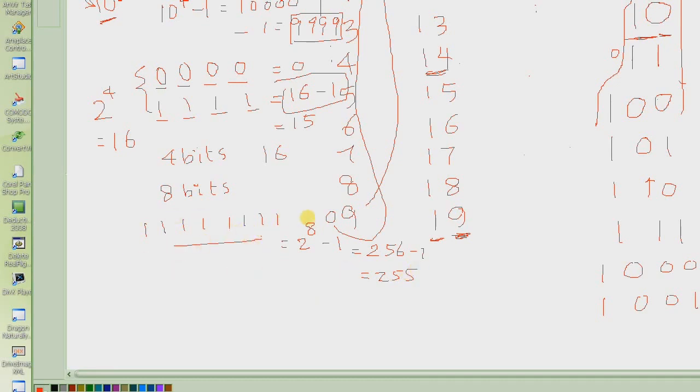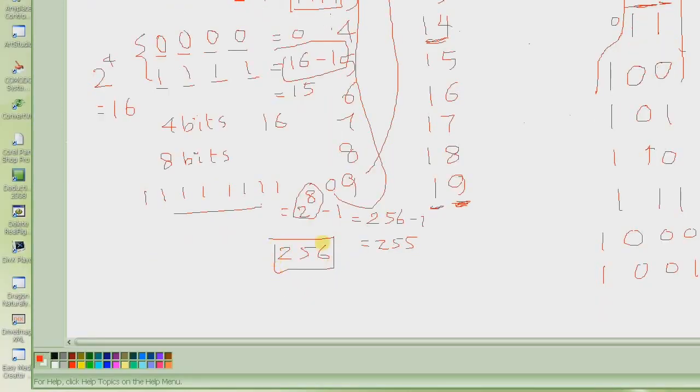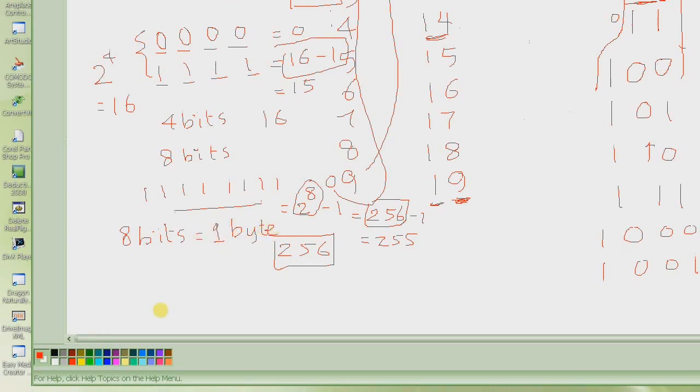And how many total numbers? 256, 2 to the power 8, starting from 0 to 255. This 8-bit location, or 8 bits, is called 1 byte. Whenever I say 1 byte, you should remember that it is 8 bits, and the maximum number that we can write in 1 byte is 255. The smallest number is of course 0.